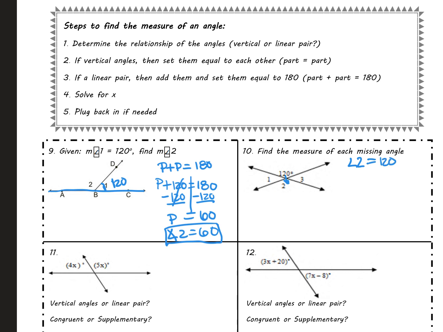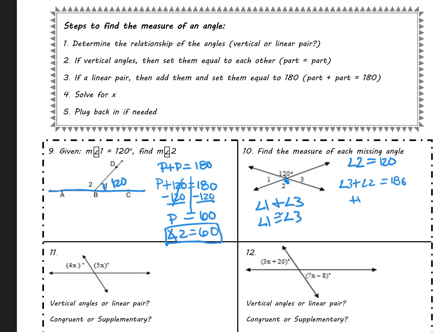But now we need to find angle 1 and angle 3, all right? And these angles are gonna be congruent. So angle 1 is going to be congruent to angle 3 because they are also vertical angles. But angle 2 and angle 3 are a linear pair. So I can assume that angle 3 plus angle 2 should equal 180.